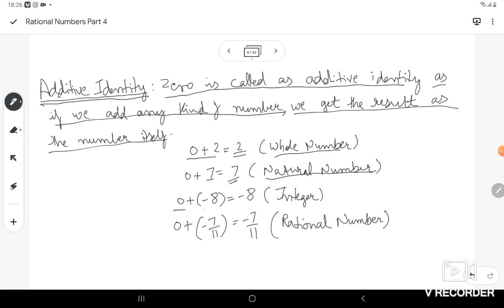If we add 0 plus -8, again we get -8, that is the number itself, also in the case of integers. Now if we add 0 plus a rational number, for example -7/11, we again get the rational number -7/11. So if someone asks you which number is the additive identity, you have to tell them that 0 is the additive identity.